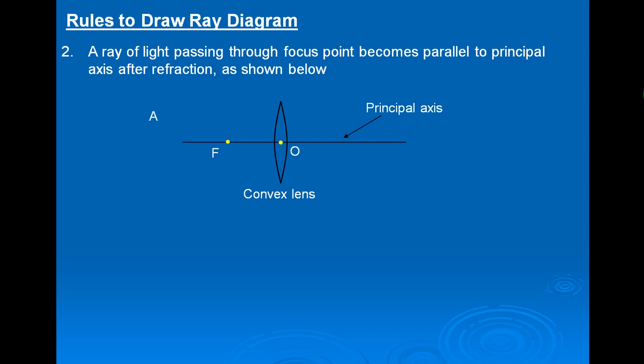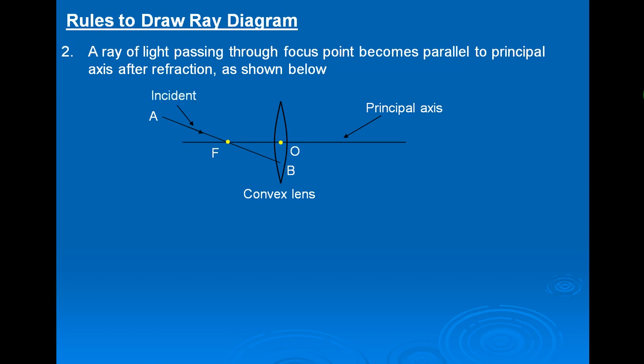From point A, a ray of light passing through the focus point is incident on the lens at point B. So according to the second rule, it must become parallel to the principal axis.